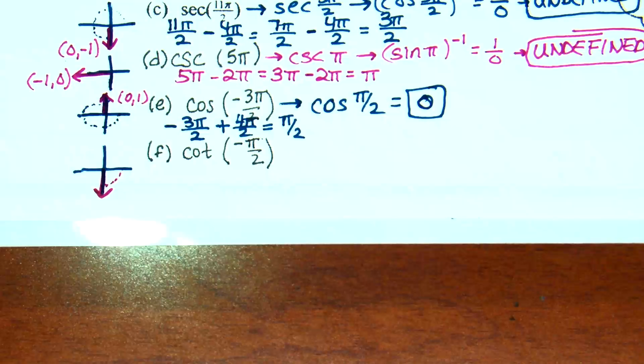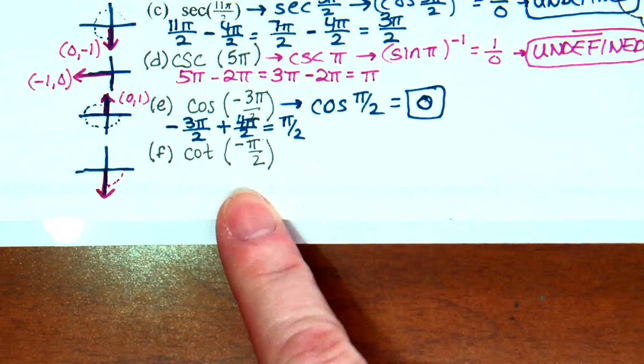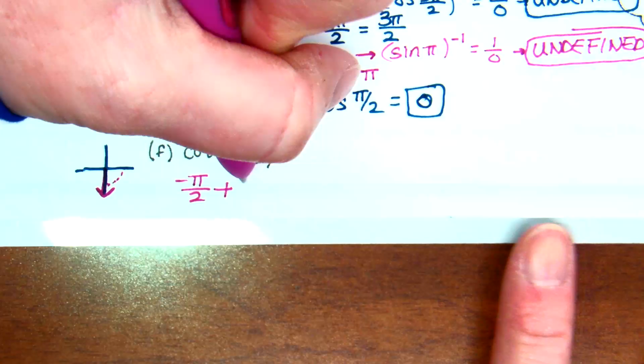The more I say these numbers and equate them, I'm hoping they will start sticking in your head. Now, if you don't like the fact that I just drew that on there, take negative pi over 2 and, as always, add 2 pi, which is 4 pi over 2. Negative pi over 2 plus 4 pi over 2, surprise, surprise, 3 pi over 2.